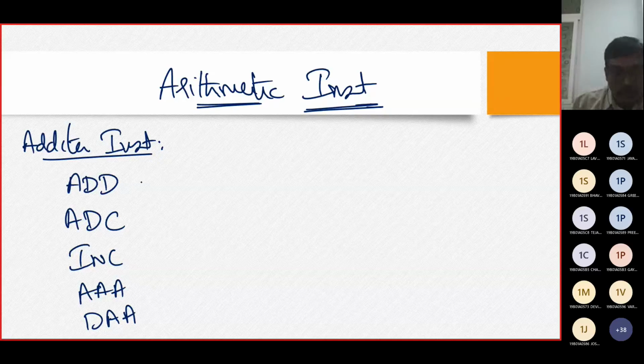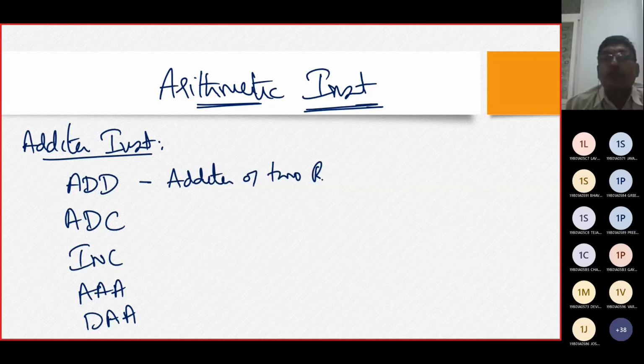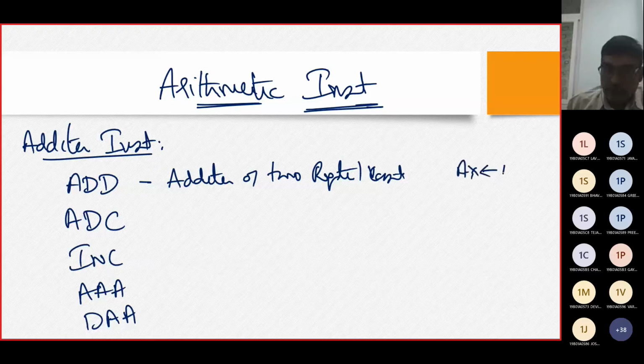So the full forms I will mention here. We are going to say addition of 2 registers or constants, whatever you call. So I can say AX equals BX plus CX. So I am going to get this accumulator value where I am going to get 15 and 25. So 30 is going to come and sit in the accumulator.